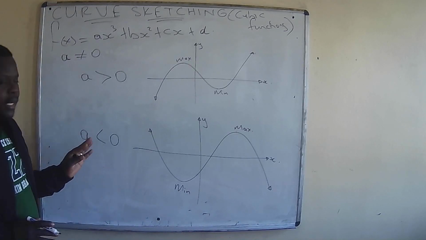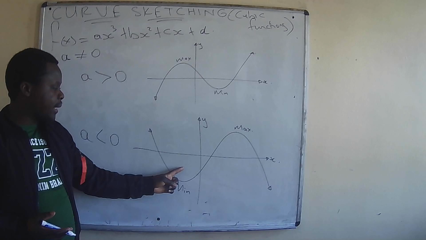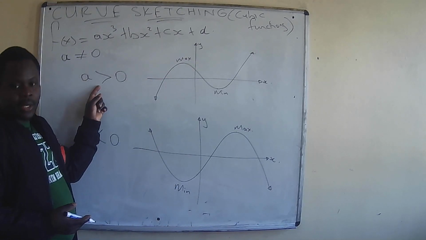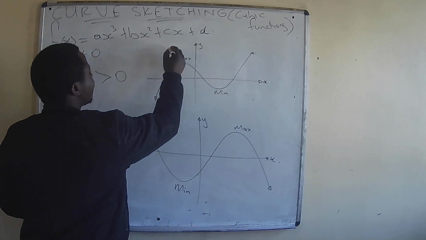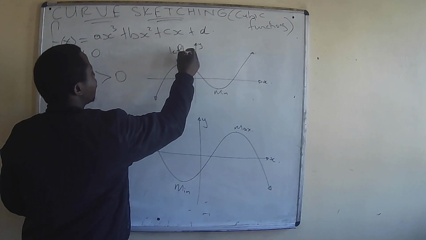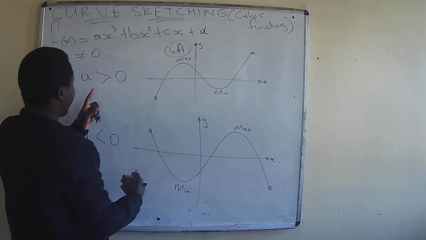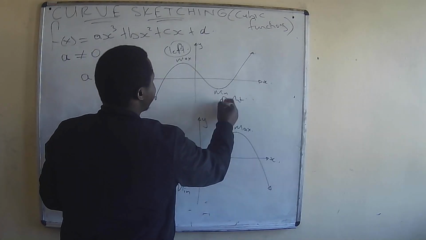So I want you to check the differences between the first curve and the second curve. The first curve, if a is bigger than 0, has our local maximum to the left, and our local minimum on the right-hand side.